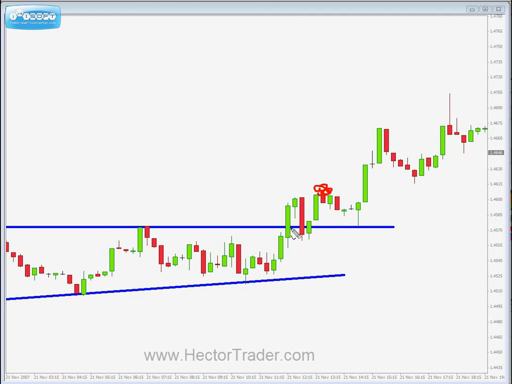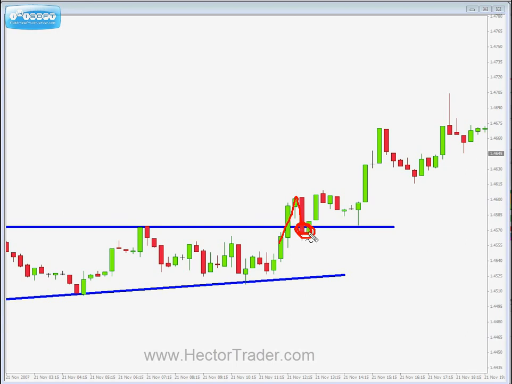Here, like I was saying before, it overshot a little bit. That's not a big deal. As I always say, markets are not perfect. You cannot expect levels of support and resistance to be respected right to the pip. That never happens, or very rarely happens. But nonetheless, here on the breakout and the pullback, it was just very briefly breached.